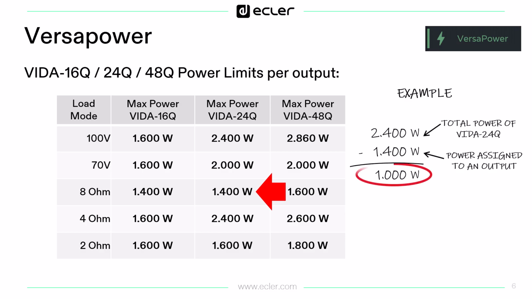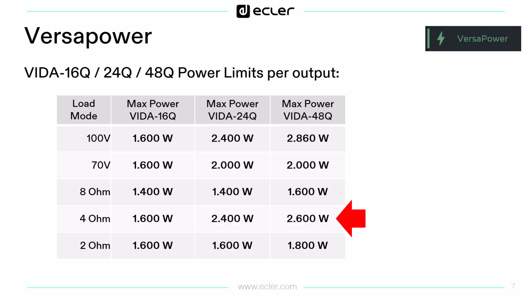And in the rest of the channels we can have 1000 watts distributed as we want because we have a total of 2400 watts. Pay attention that the maximum power that can be assigned to a 4 ohm load in VIDA 48Q is 2600 watts.